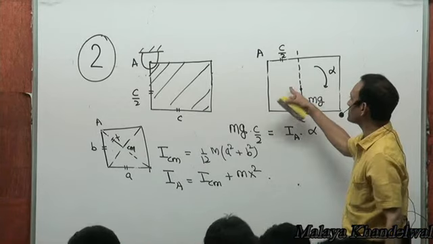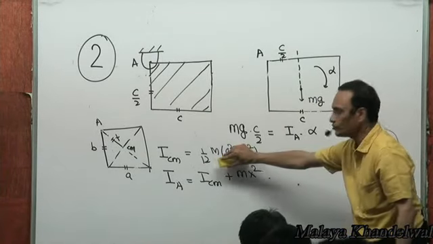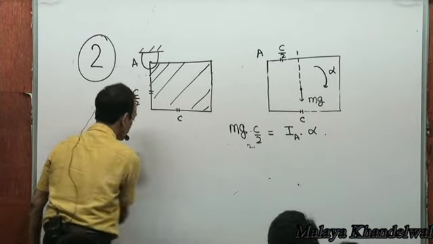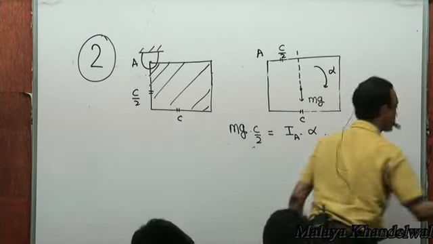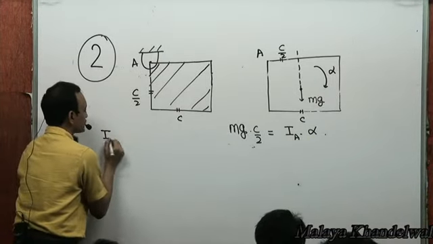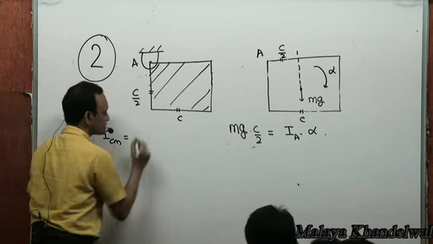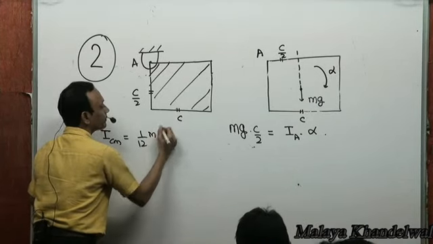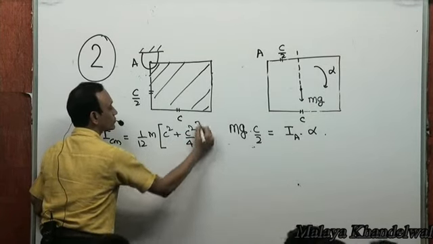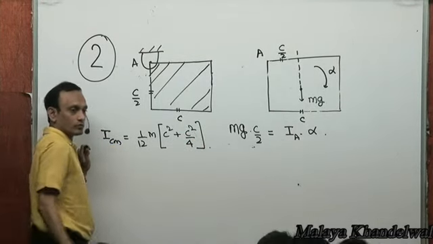All right, so let's apply the same to this problem. Can I remove this? So I about the center of mass in this case is 1/12 m (c squared plus c squared by 4).